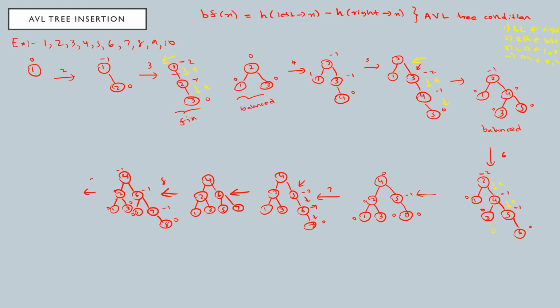Yeah, okay, then let me insert 9. So most probably we are in trouble. 1 3 6 5 7 8 and 9. Okay, so balance factors are again imbalanced.